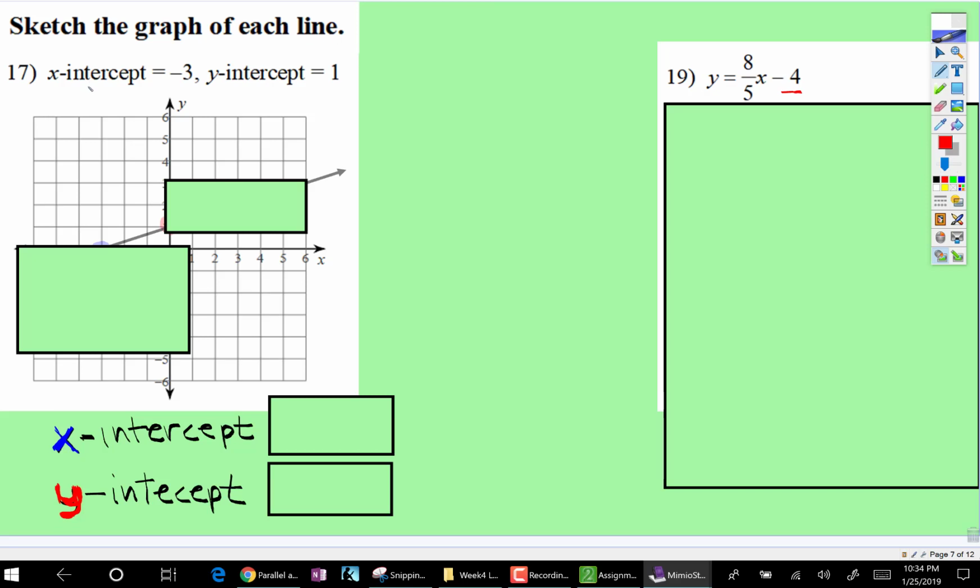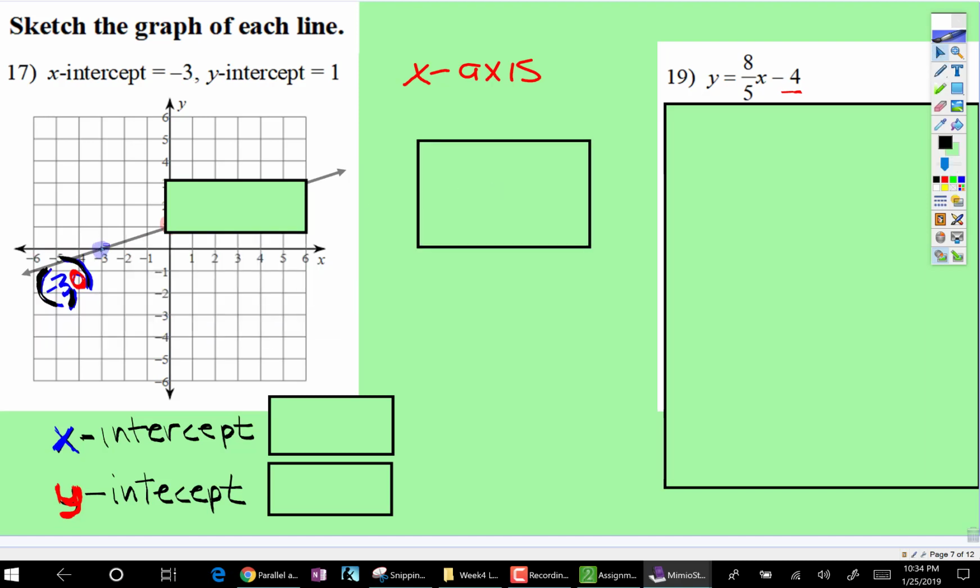Sketch the graph of each line, and all they give us is the x-intercept and the y-intercept. The x-intercept is where it will touch the x-axis. So this says it's going to touch the x-axis at -3. And this tells us it's going to touch the y-axis at 1. So this point right here is -3, 0. And this point right here is 0, 1.